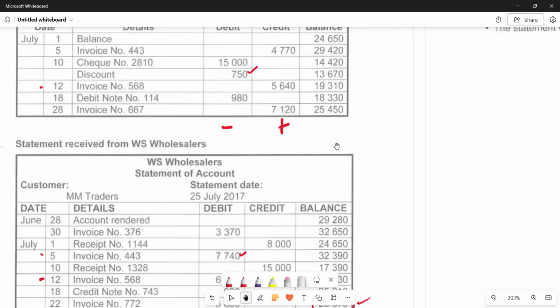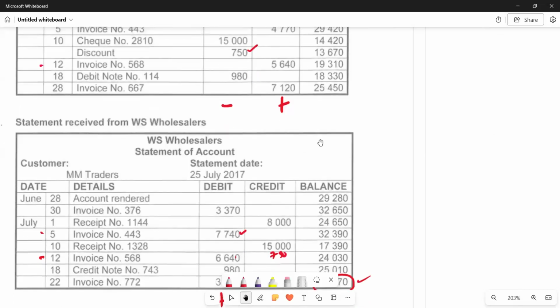If you say 6,640 that we are having on the statement minus what we are having on the ledger, which is 5,640, we subtract the two and we get a difference of 1,000. This difference shows that there are goods that were taken for personal use by one of the employees. That's why we are having a deflated figure there.